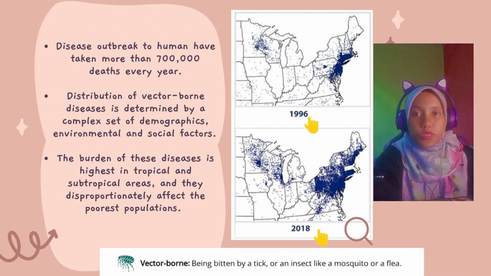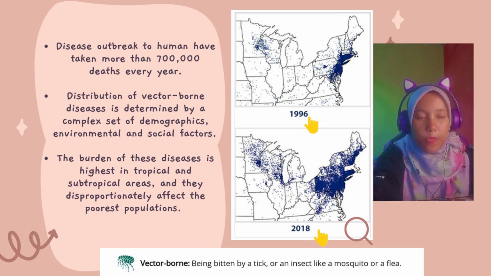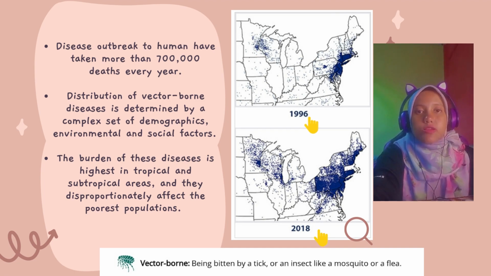Referring to the picture of the map, in 1996 the population of vectors differed from the population in 2018. It is getting bigger and bigger and attacking the public health of humans.